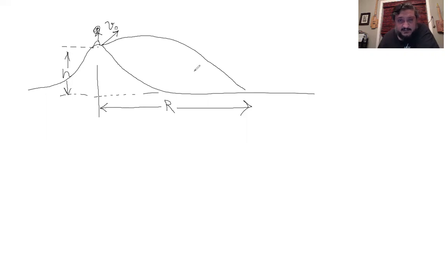Okay, I don't like the projectile, the parabolic path. Let me actually redo it. Let's find the eraser and erase this. All right. Okay, let me try to draw it again, nicer.